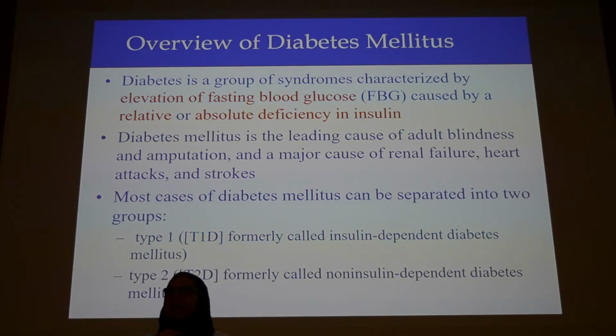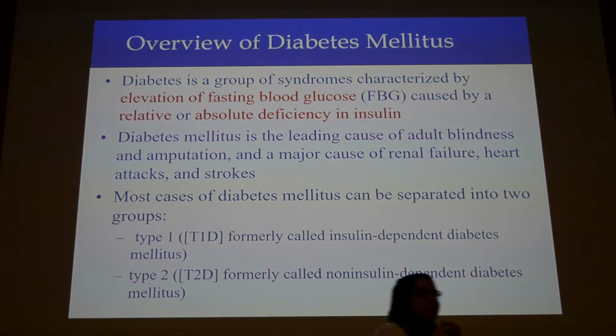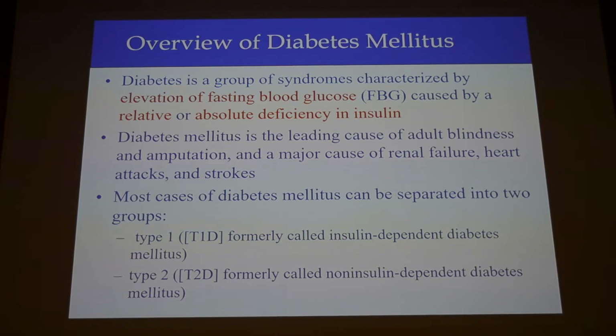Type 2, do they have insulin? Yes. They have insulin, but the receptors are not responding. They don't have the proper response of the body to insulin, so they have insulin resistance. As a result of this resistance, the body has to make more and more insulin.